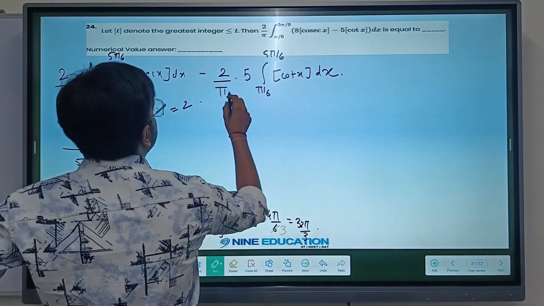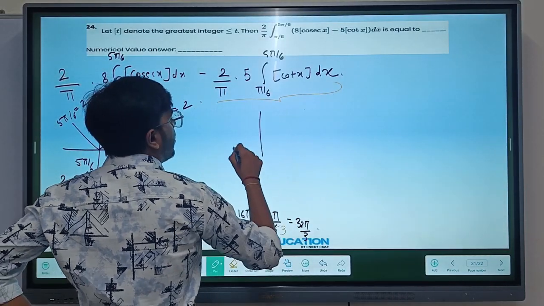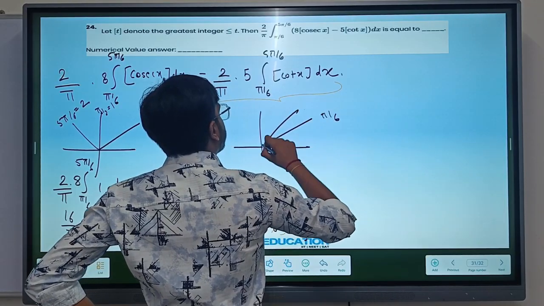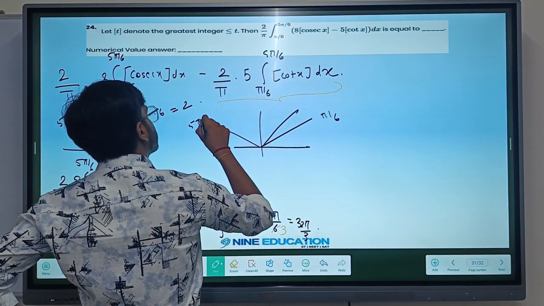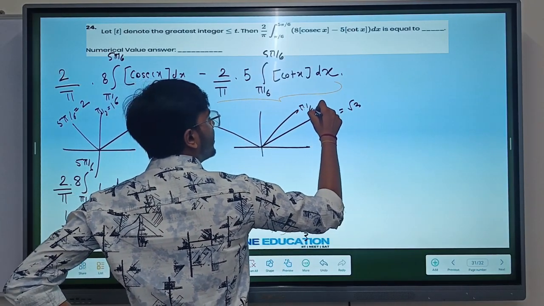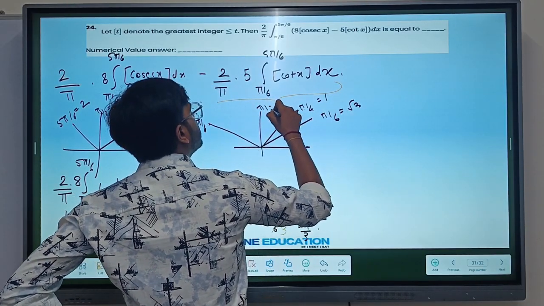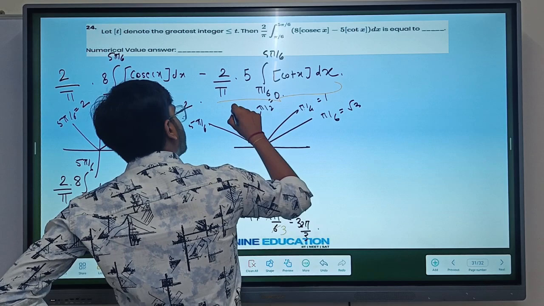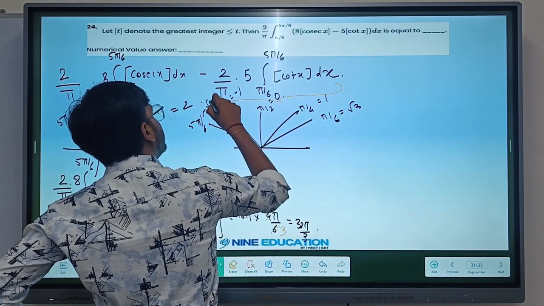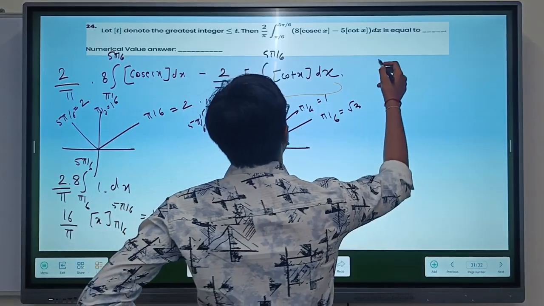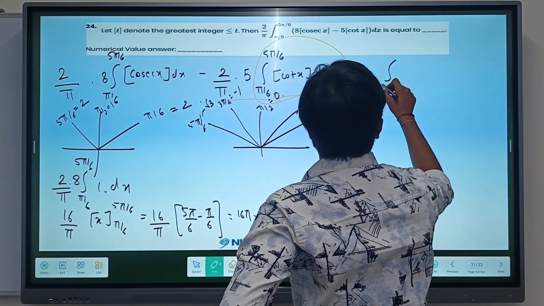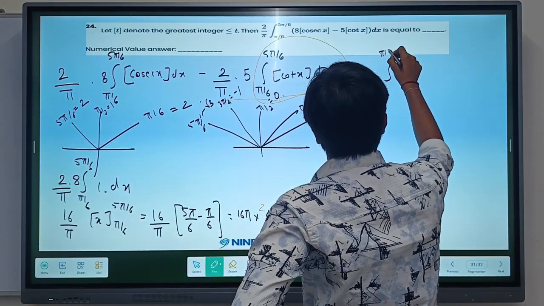Now over here, let's talk about this integral, cot. At pi by 6, let's say this is 5 pi by 6. Here it is root 3, the cot value. At pi by 4 it is 1. At pi by 2 it is 0. At 3 pi by 4 it is minus 1, and at 5 pi by 6 it is minus root 3. So this whole thing I can break as pi by 6 to pi by 4.